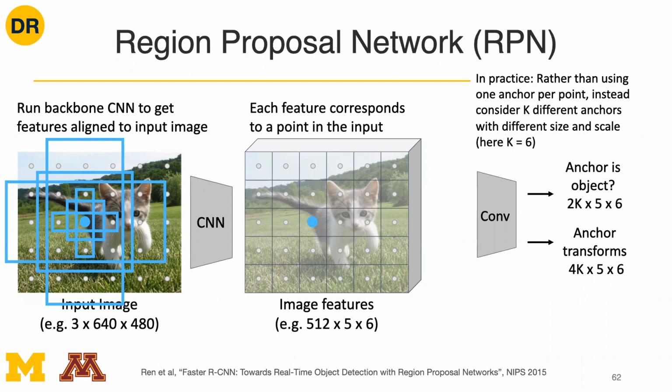So you can have many outputs. Earlier it was 2 × 5 × 6. Now you can have 2K × 5 × 6, which means for every channel, you have a score that says whether it is an object or not. Does it make sense? And for every proposal, you can have a transformation that gives you the change that you have to do to make it closer to the ground truth bounding box.